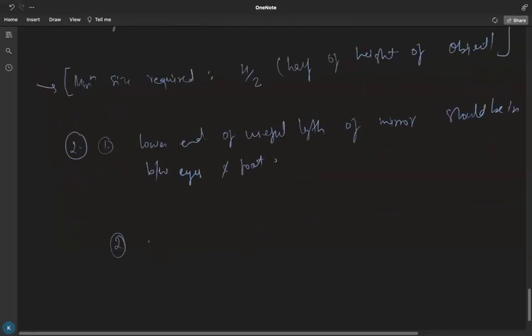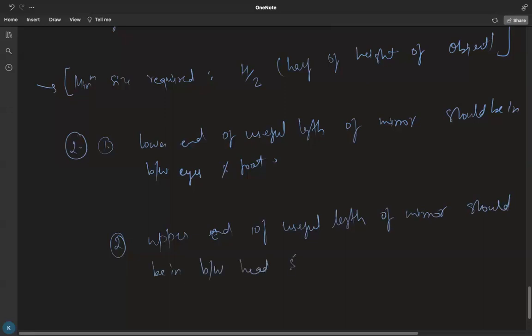And the second thing is the upper end of the useful length of the mirror should lie between the head and the eye. So this is the small concept that you have to keep in mind.